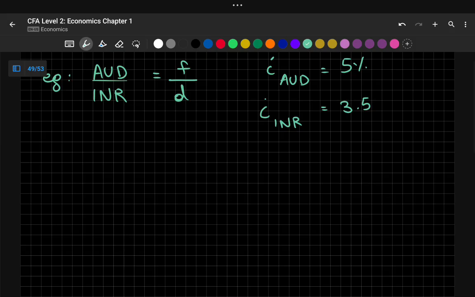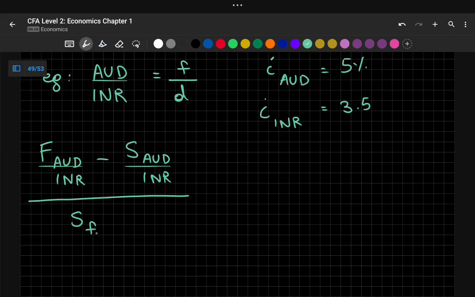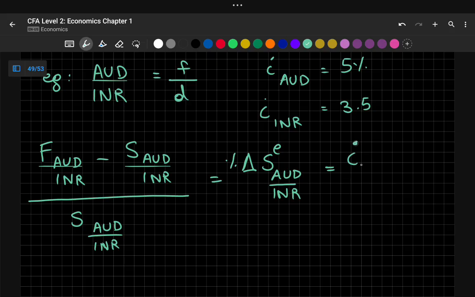Now, if I use the above equation, it would mean that the forward premium expressed in percentage term should be equal to the percentage difference of expected spot exchange rate, which is equal to the interest rate differential.